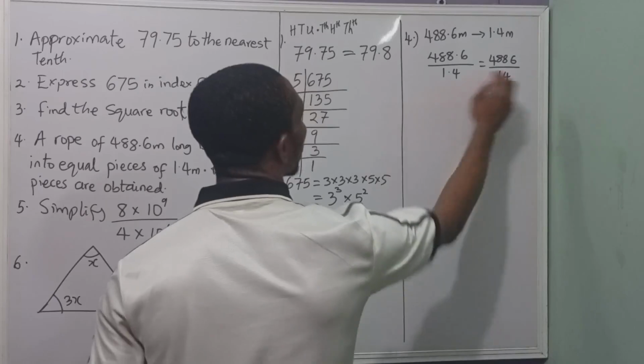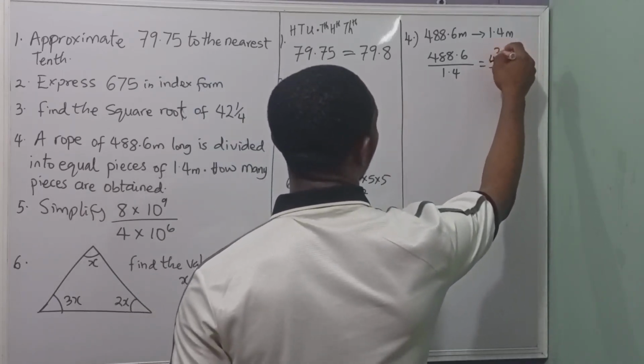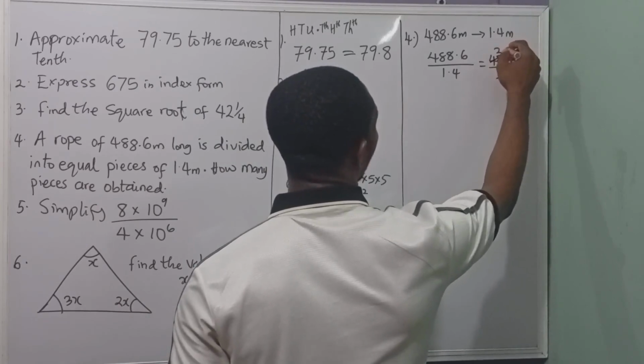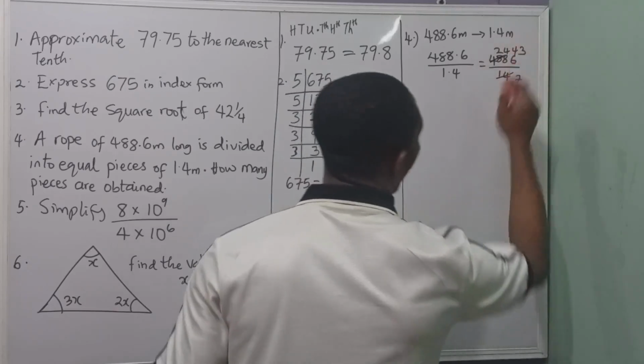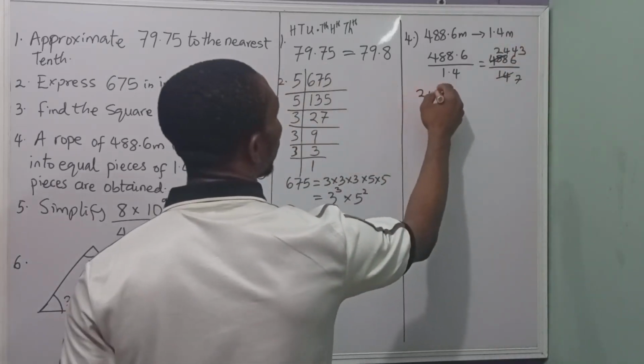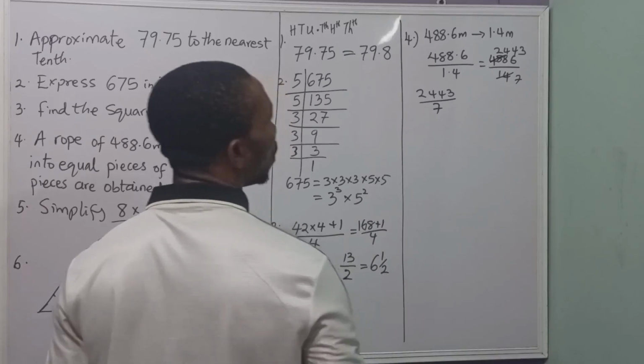Let's use 2. 2 here will give us 7, and 2 here will give us 2, 4, 4, 3. Having 2, 4, 4, 3 all over 7.